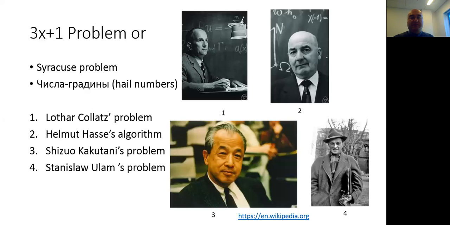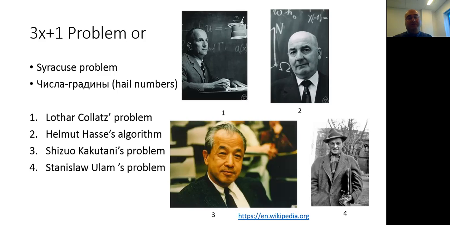Many famous mathematicians are associated with this problem. This problem is sometimes called the Syracuse problem. Sometimes the numbers that we obtain in this sequence are called hailstone numbers because of the similarity between hail formation and the graph of these numbers. In some books, this problem is called Lothar Collatz's problem.